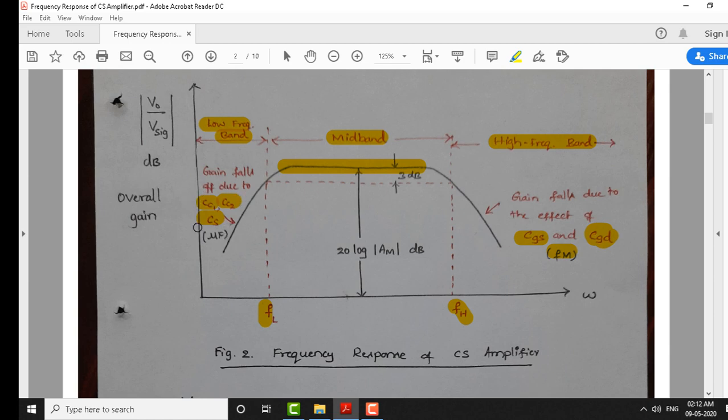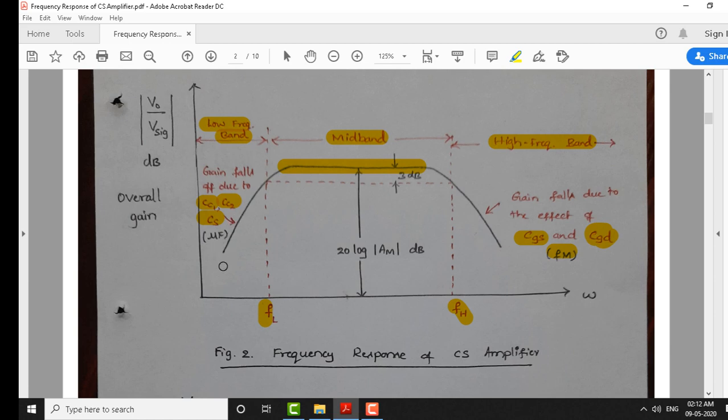These capacitances are usually in microfarads, large values compared to the gate to source and gate to drain capacitances. These 3 capacitances try to become open circuit at lower frequencies. Hence, the gain decreases at lower frequencies.